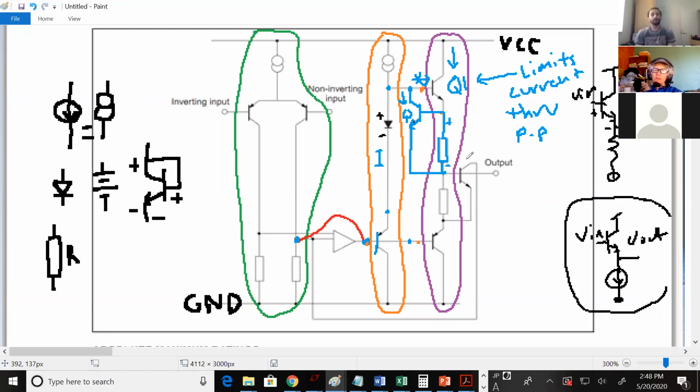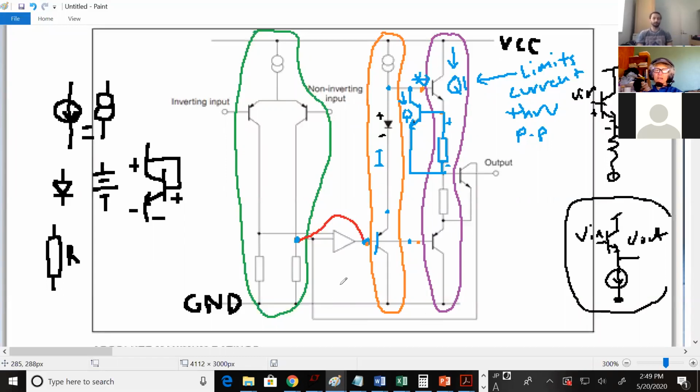This is a pretty common safety structure that you see in output stages. If you notice, it doesn't have that over here. It doesn't have one on the bottom, and I don't know why that is.